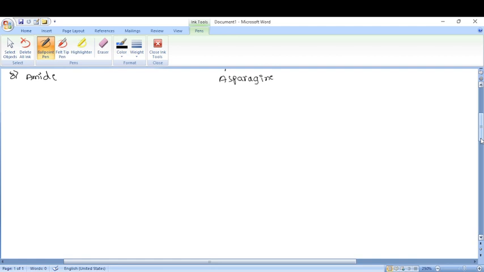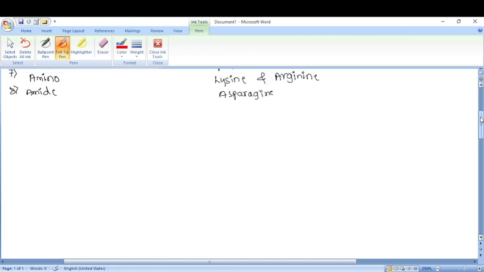Next, we'll see the classification of amino acids based on the nutritional requirement.